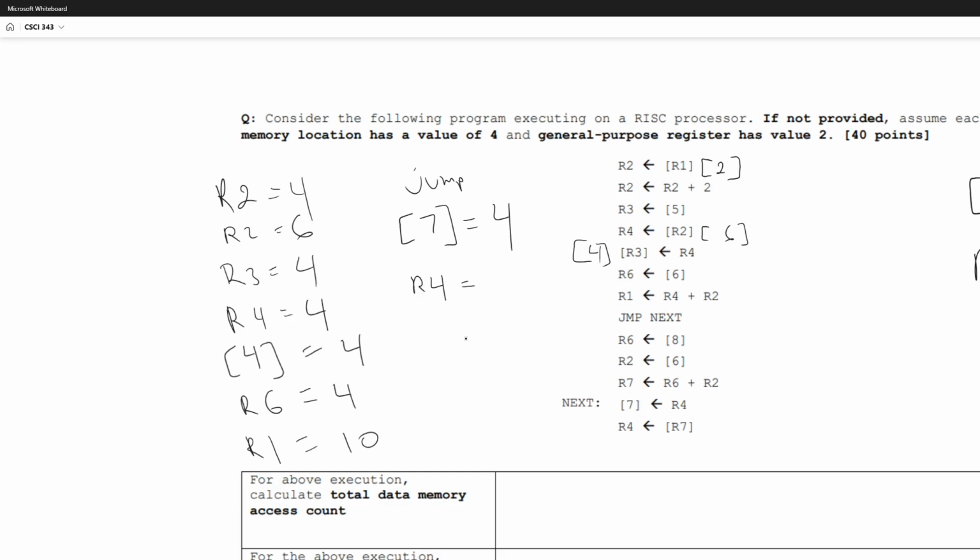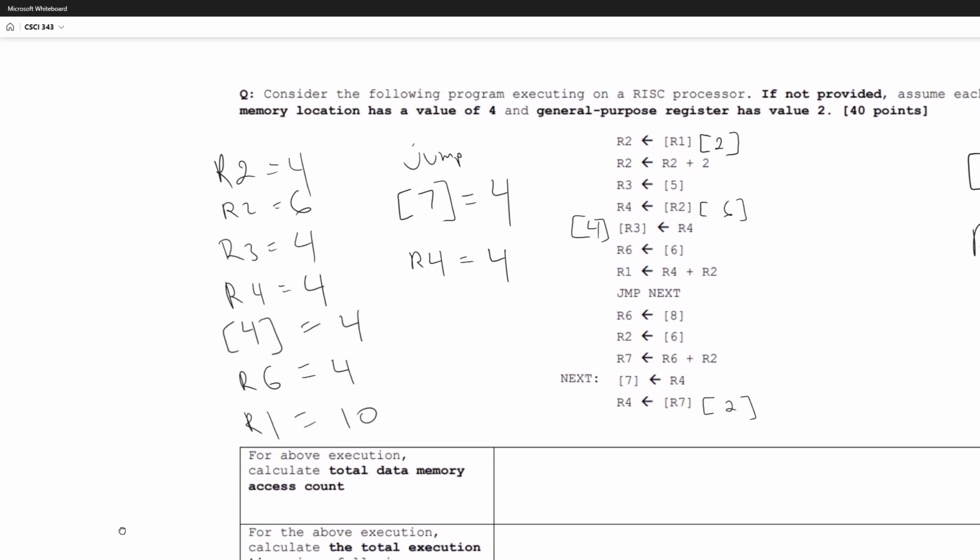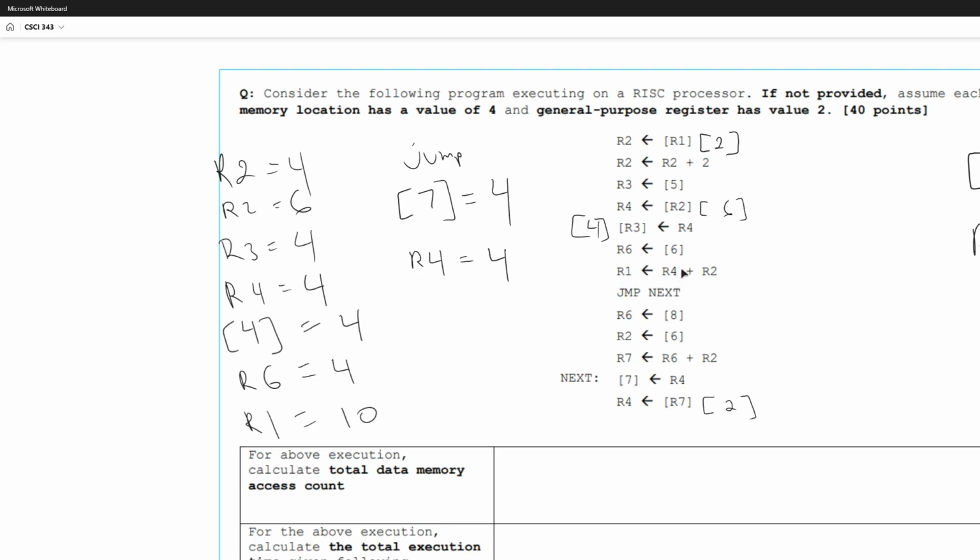So we don't have that, so go to address 2. Do we have, no, it's an address 2, no. 2 equals 4. I think I did that right.